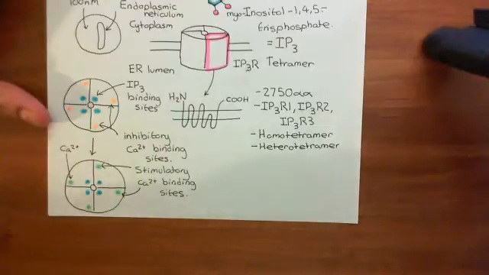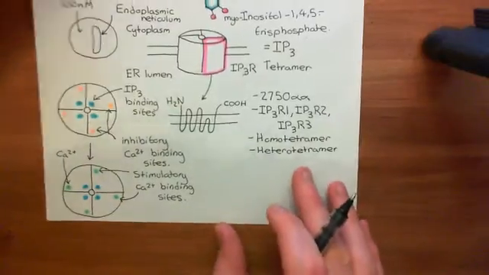So let's explore this more now by looking at the different types of calcium signal that you can get within a cell. I want to discuss calcium puffs and calcium waves.